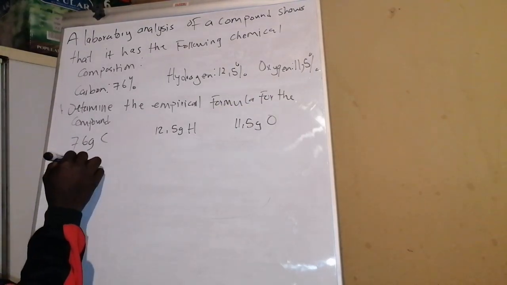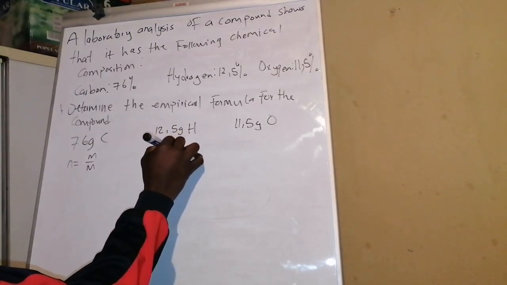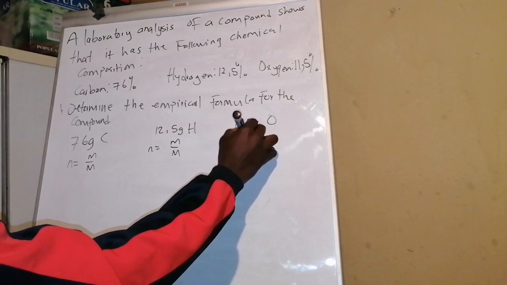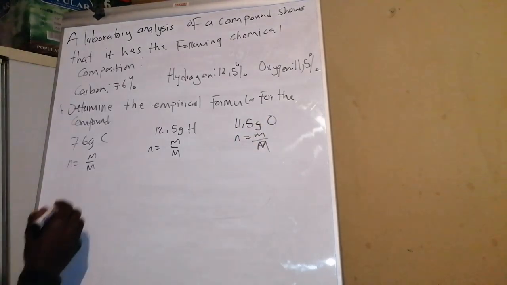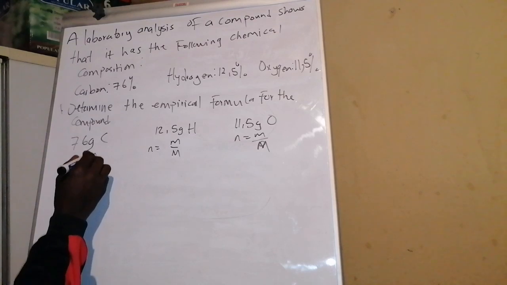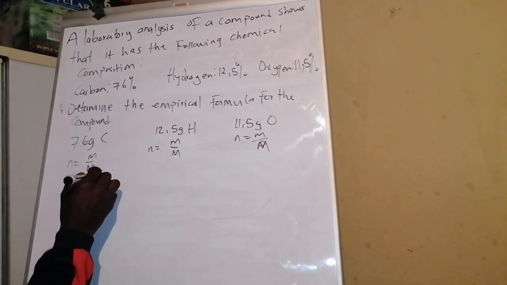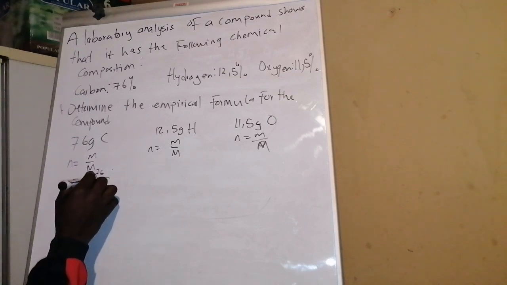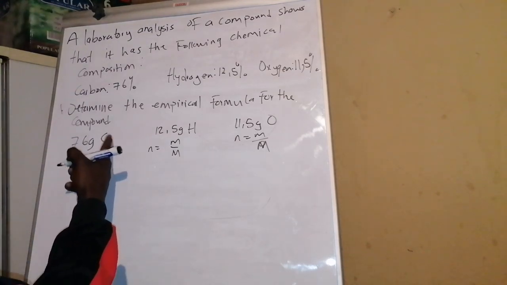Then you find the number of moles for carbon, for hydrogen, and for oxygen. Now here the number of moles, 76 gram over 12, which is the molar mass for carbon.